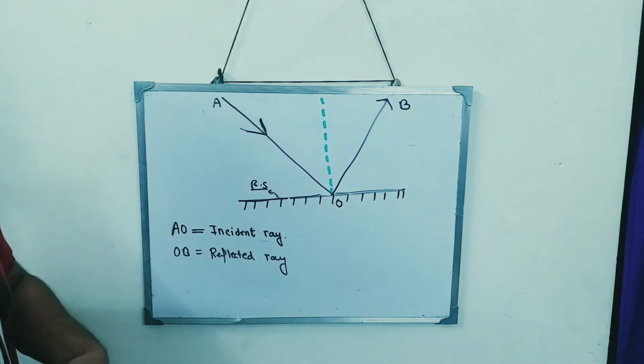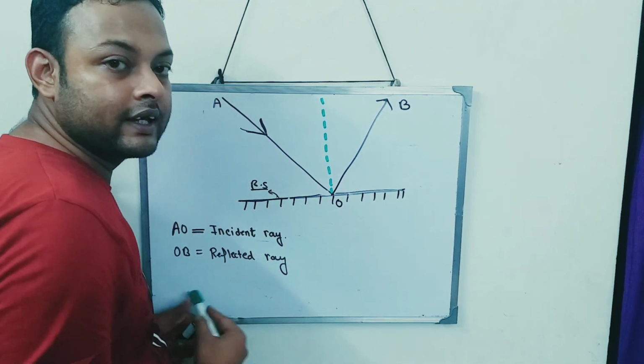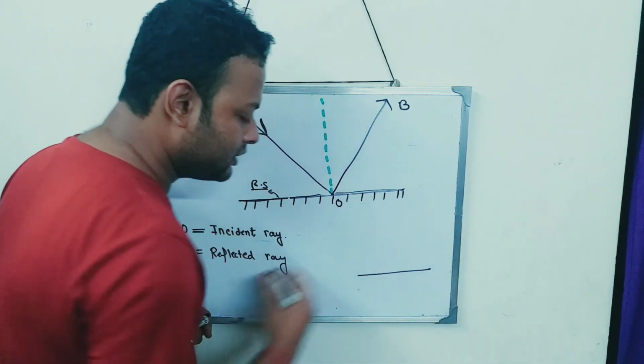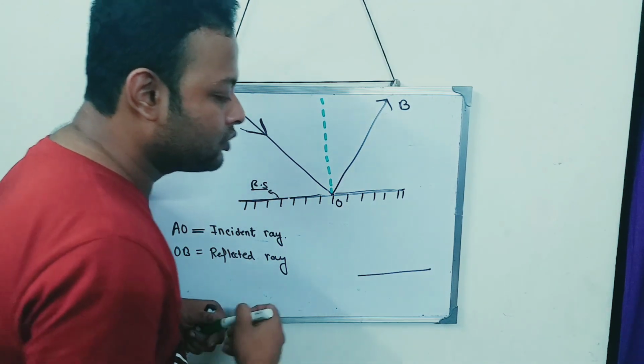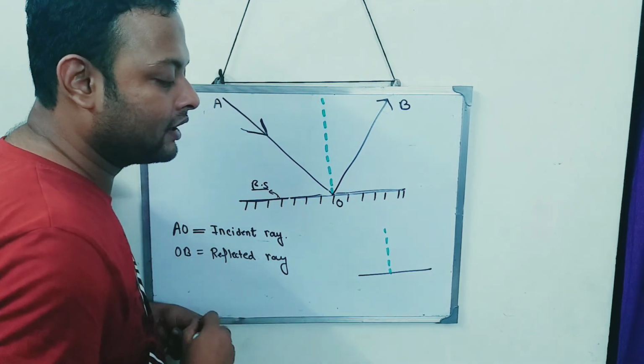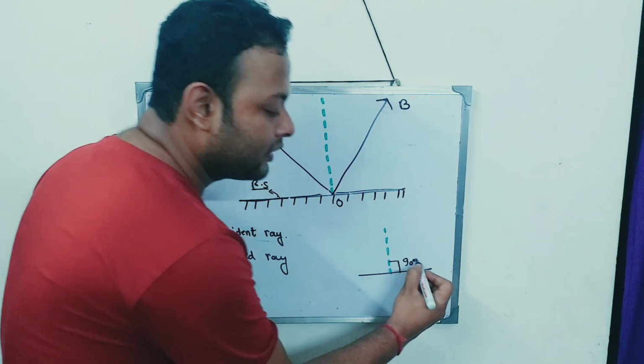So now you can see this green dotted line and the surface, they are 90 degree to one another. This is my surface and this is the green dotted line which I have drawn, and you can see both are at an angle of 90 degree. Over here a 90 degree angle is formed.